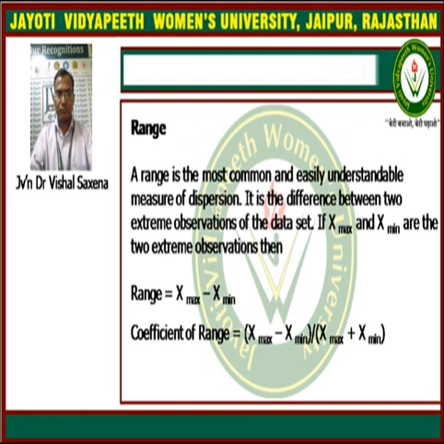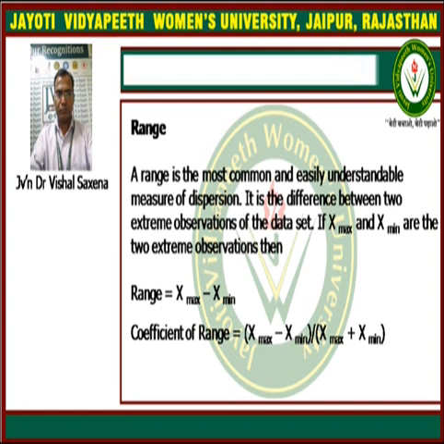It is the difference between two extreme observations of the data set. If x maximum and x minimum are the two extreme observations, then range is defined as x maximum minus x minimum. So the range is the difference between two observations, one is the maximum and one is the minimum from the data set.